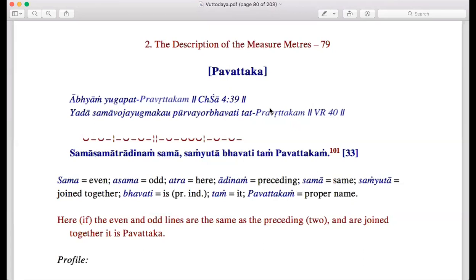So that's it. Grammatically, the sentence is like: adīnaṁ of the previous verses, sama line and asama line, or odd and even lines, sama, equal, hutvā, like having been equal, saṁyutta, joined together here.